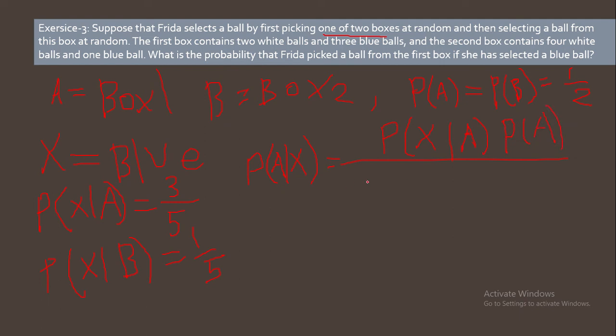And the total probability of x is what? It is P of x given that A into P of A, but then again we can choose the blue ball also from the second box, right?